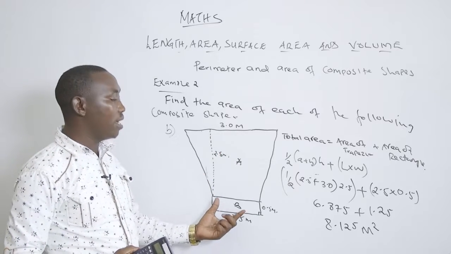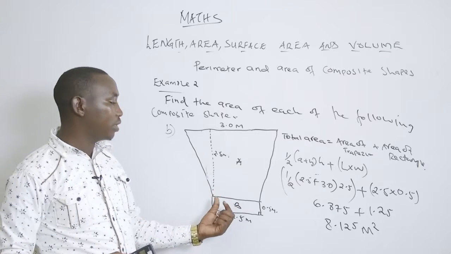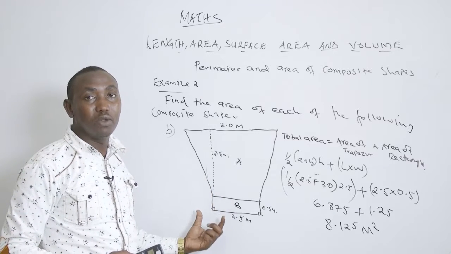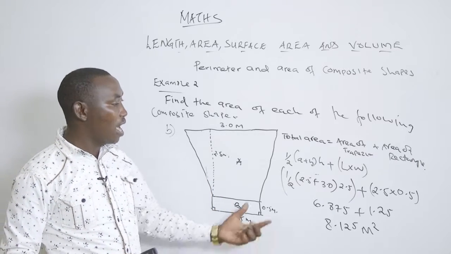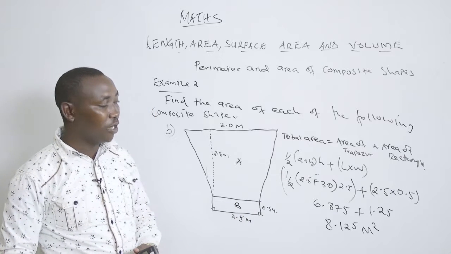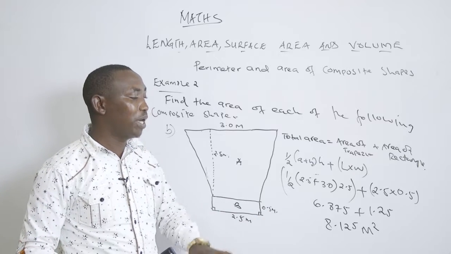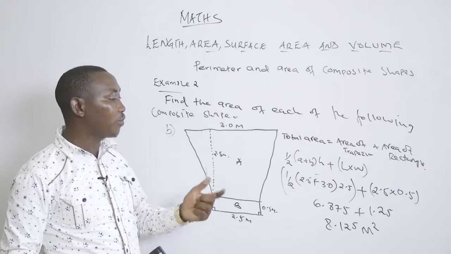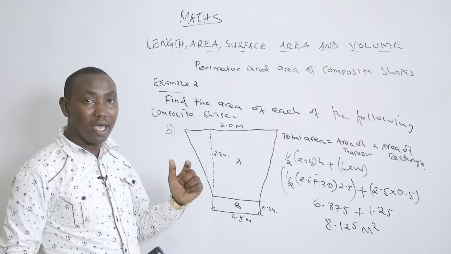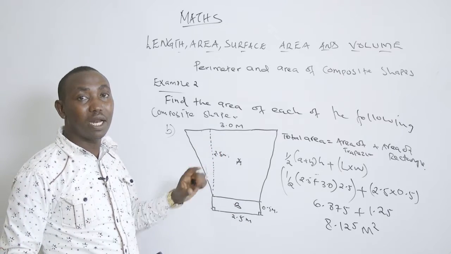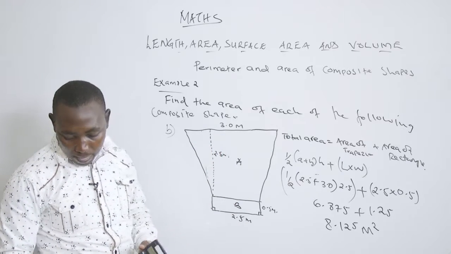Then you add the area of the second shape, which is known to be a rectangle. And when you do that, you get 8.125 square meters. So this 8.125 square meters is the total area of this particular composite shape.